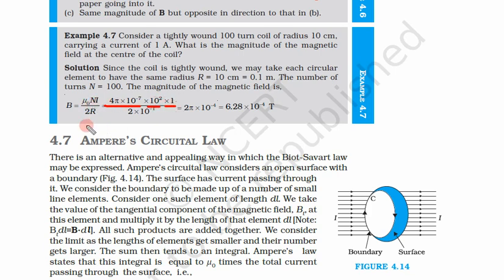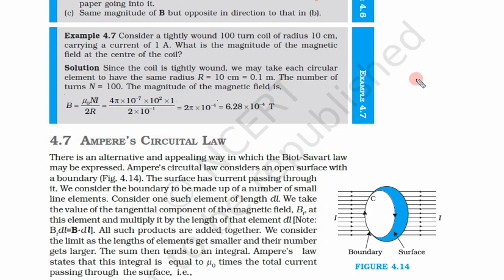I is 1 ampere. 2R, 2 is same and R is 0.1 meter. So when we solve, this is remaining 2 pi. This is 7 minus 7 plus 2 plus 1, so 10 to power minus 4. 2 pi into 10 to power minus 4. That means 6.28 into 10 to power minus 4 Tesla.